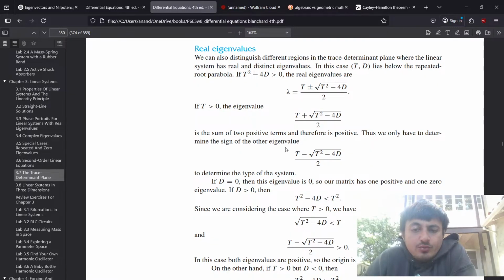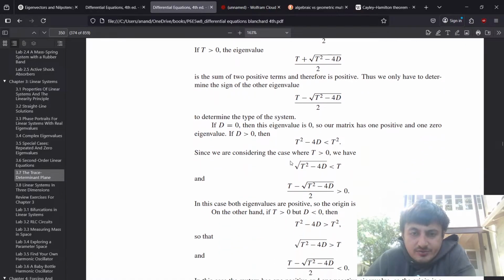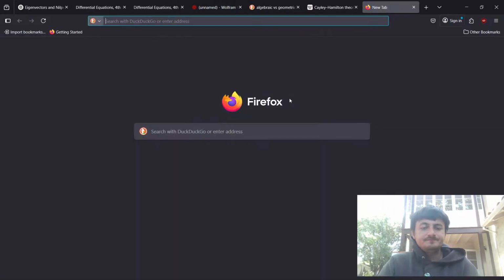So to figure out what type the system is, in terms of saddle or sink or source, we have to figure out what the sign of t minus the square root of the discriminant is.